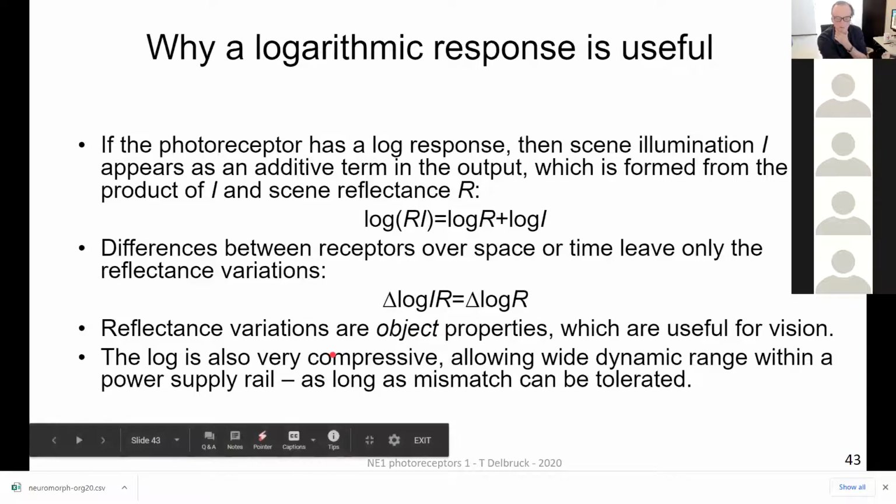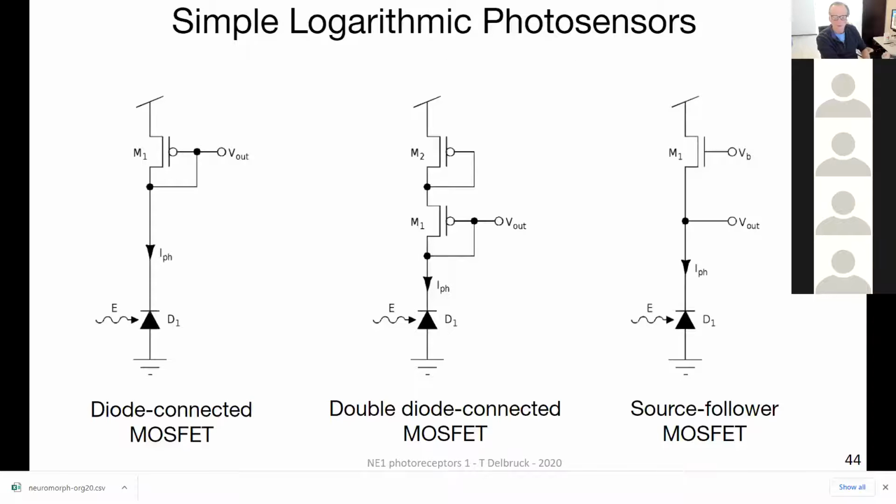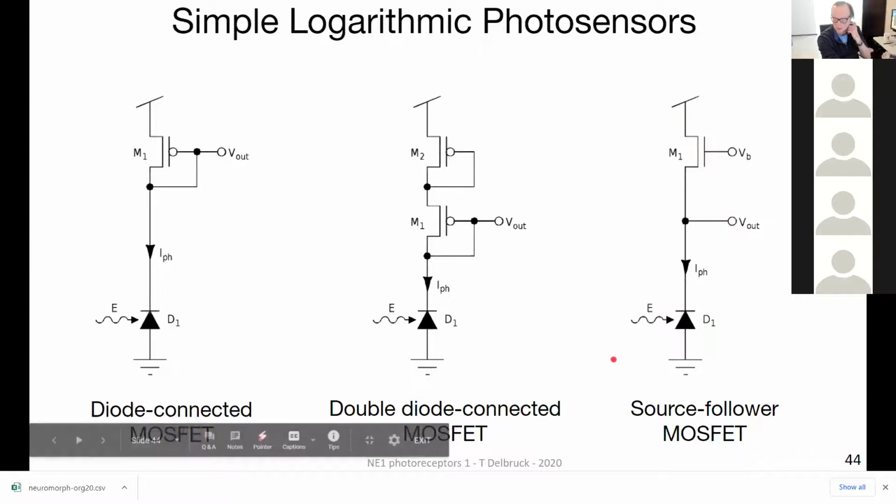So the log is also very compressive, allowing a wide dynamic range operation within a power supply rail, as long as you can tolerate the transistor mismatch that you get in these circuits. Okay, so I showed you one of these simple log photoreceptors already. That was the source follower photoreceptor on the right here, right?